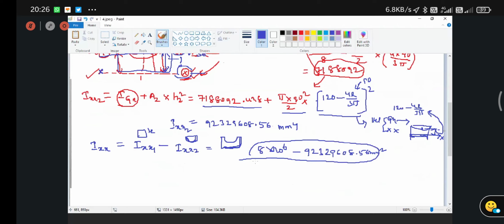You have to get the value of 120 minus 4r by 3 pi. How much are you going to get? So this total entire value, I am going to replace 120 minus 4 into r by 3 pi.